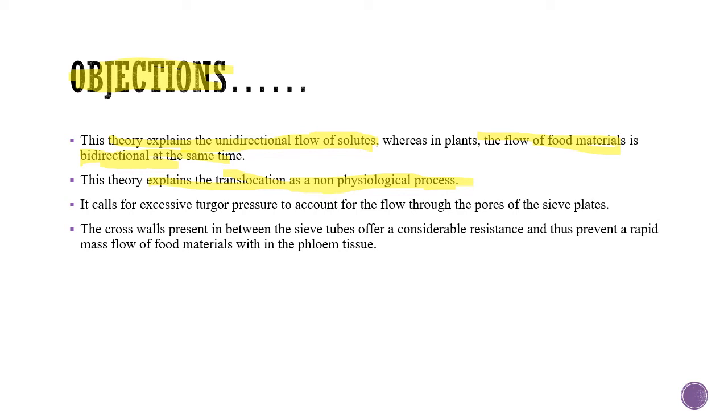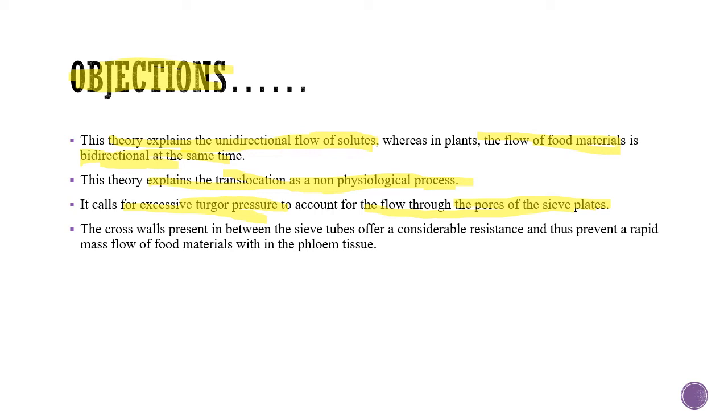And the third objection is that the flow of solutes through the pores of the sieve tubes or the sieve plates are attributed to the excessive turgor pressure, which is also a major objection to this theory. So in plants, the movement of water or food materials or whatever the movement is happening is considered to be rapid.